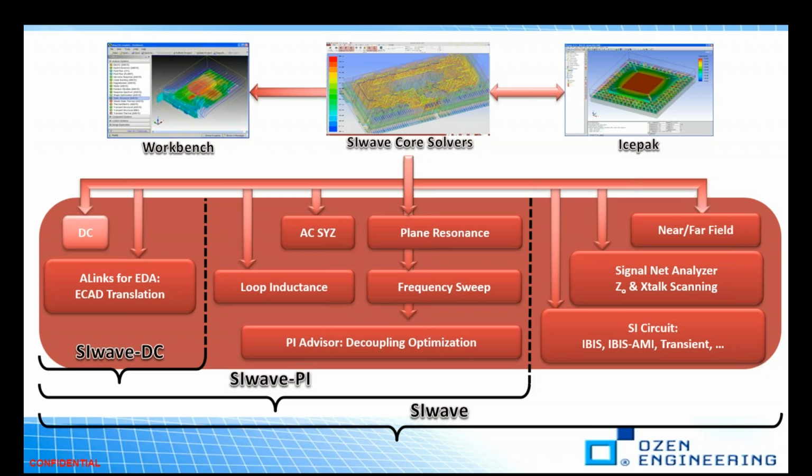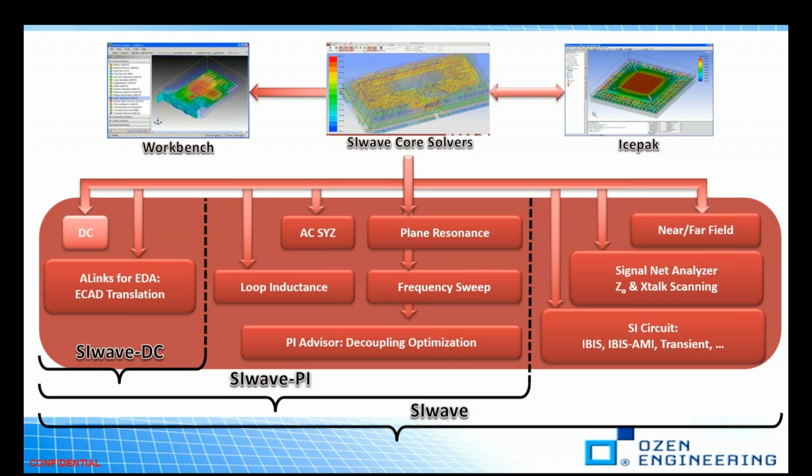One key thing that this package has is the robust ANSYS Nexxim time domain circuit simulation engine, so that it enables fast impedance and crosstalk scanning with visual and color coded feedback in HTML reports. So that's the different packages we provide with SIWave.